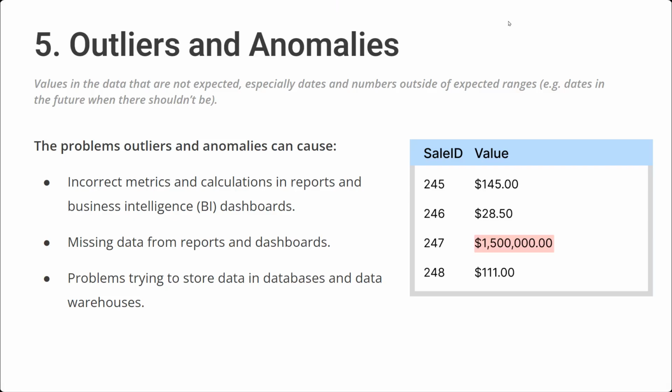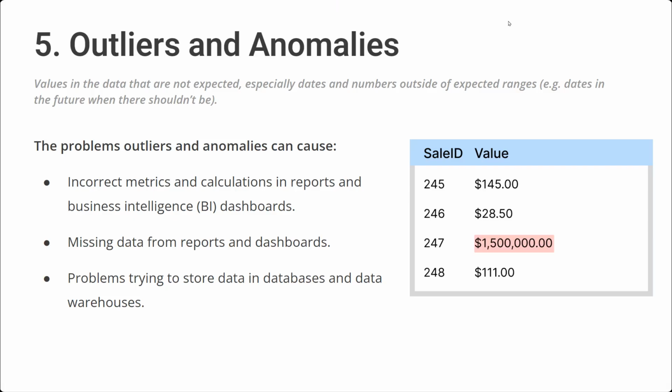As a result, you can get numbers that are much bigger than they should be. So that's just one example. Also, it could be human errors and wrong calculations. So there are multiple reasons why this can happen.